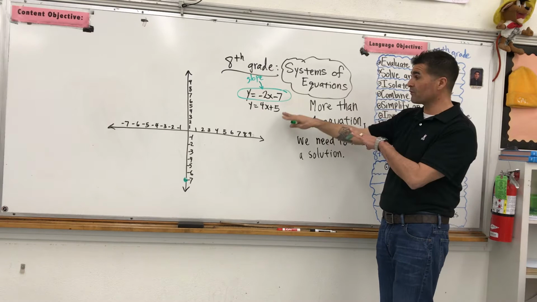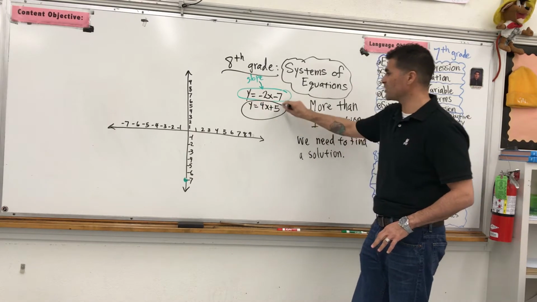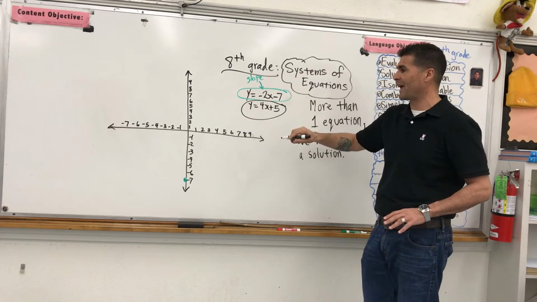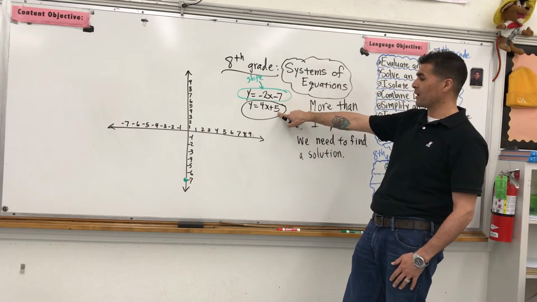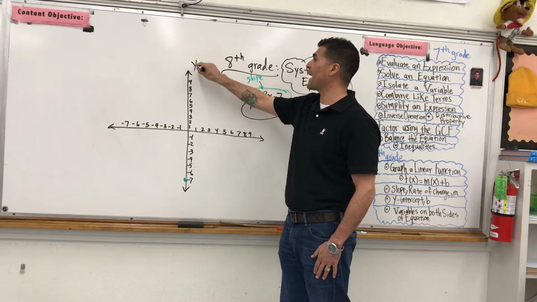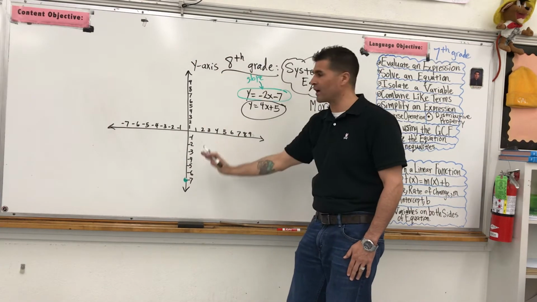Well, I'm going to do the same thing for the other graph, but I'm going to graph this one in a darker shade just so it doesn't look like the other one that I'm going to graph on this x and y axis. So I'm going to look again at my y-intercept number, which is 5. This is where it's going to cross the y-axis. The y-axis is the vertical line going up and down.